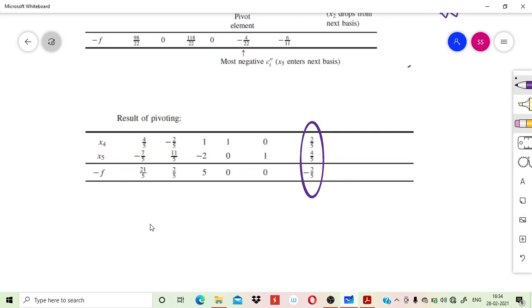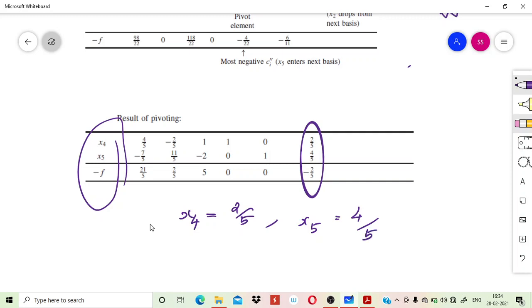You can compare this column and this column, so that you will get x4 equal to 2 by 5, x5 equal to 4 by 5, and we also have to find the solution for x1, x2 and x3.